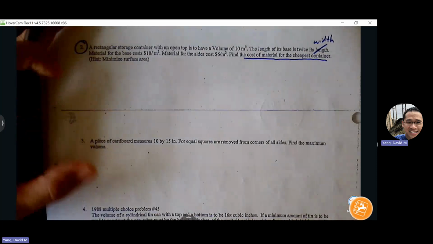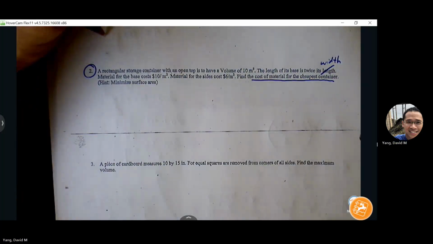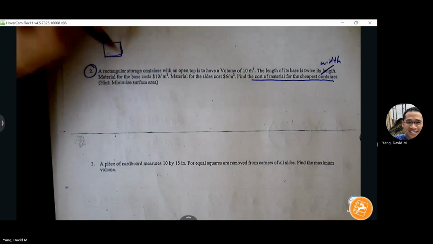So I'm going to use spaces for 1 and 3 to do this problem. We're going to see 1 and 3 here. So here's my drawing of the box.